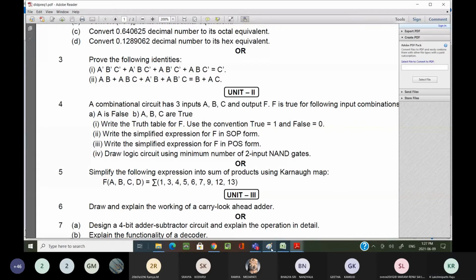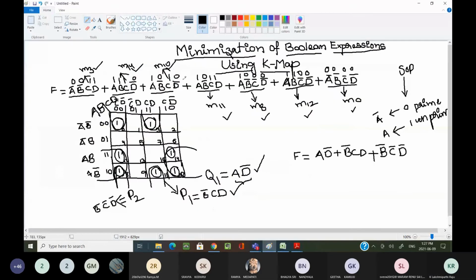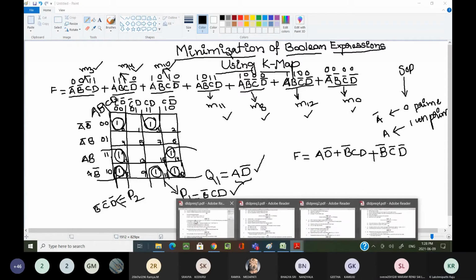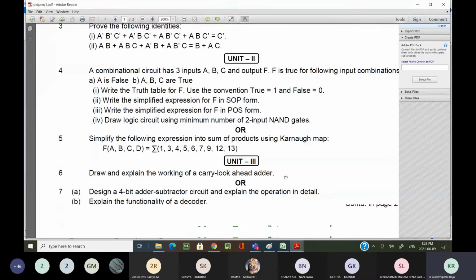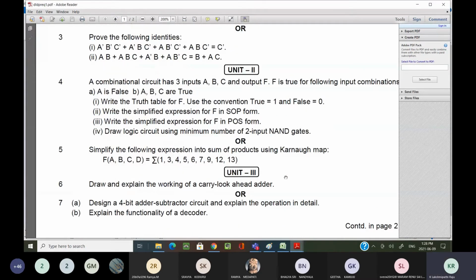Those who are writing the running notes, please note down this problem in your notebook. I can show you the question. This is the question, question number 5.